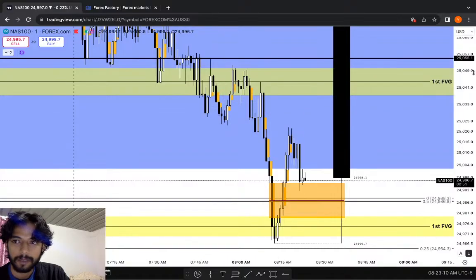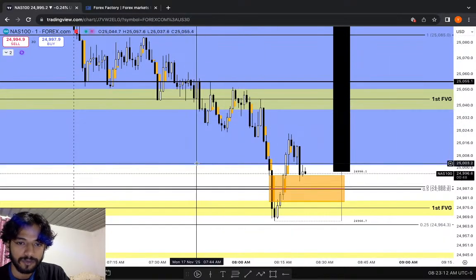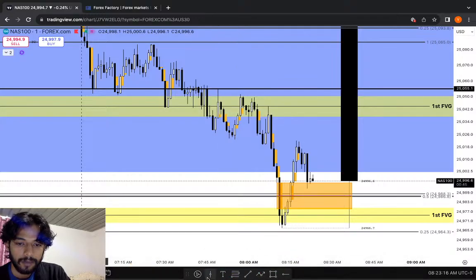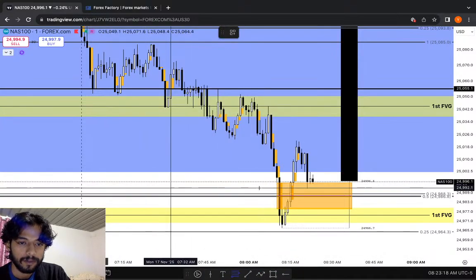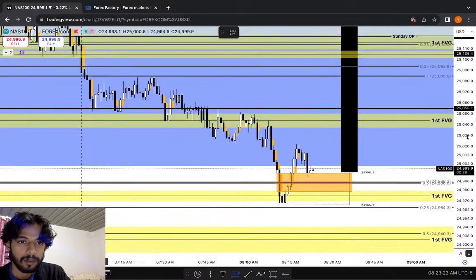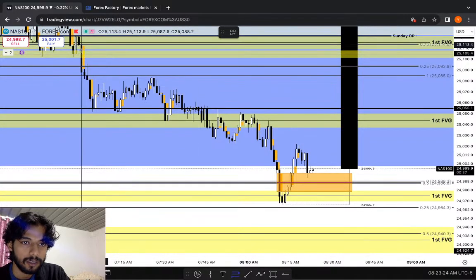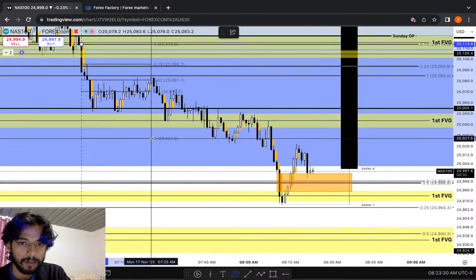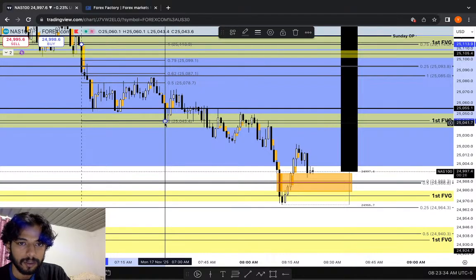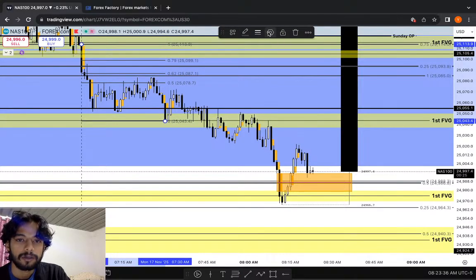And also let me mark the opening range for the New York opening, which is from 7 to 7:30. That's the high right there, 13.9, and we have this 7:30 right there.